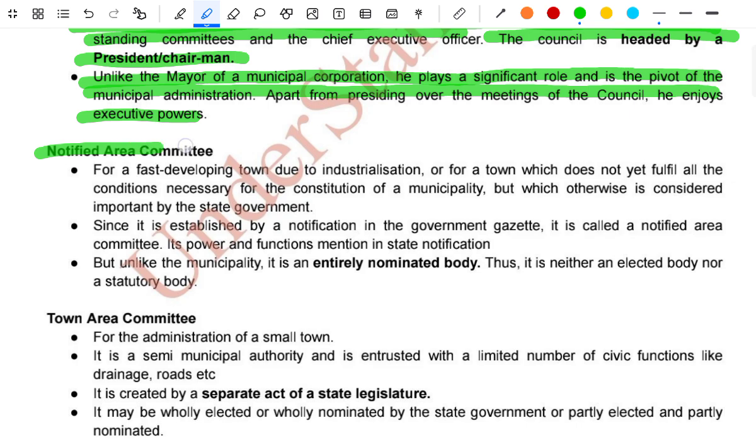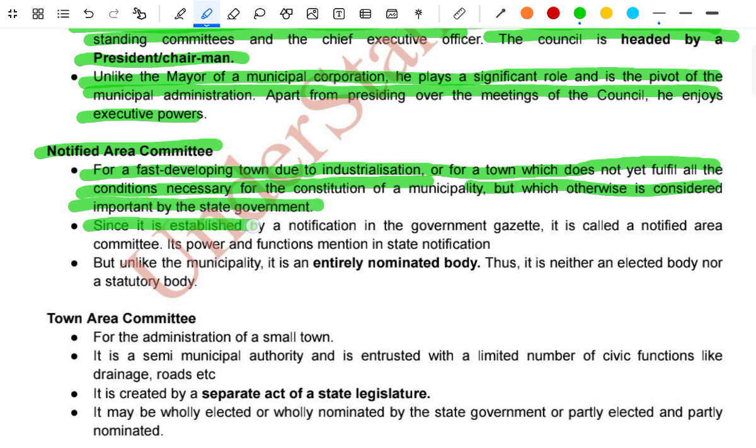Notified area committee. For a fast developing and industrializing town which does not yet fulfill all the conditions necessary for the constitution of a municipality, but is otherwise considered important by the state government, a committee is established by notification in the government gazette.